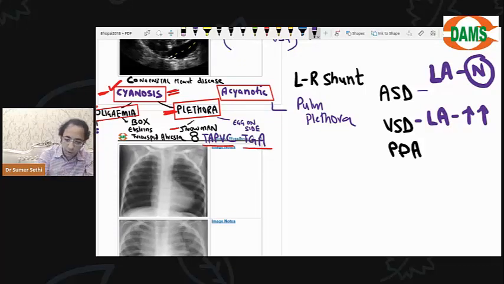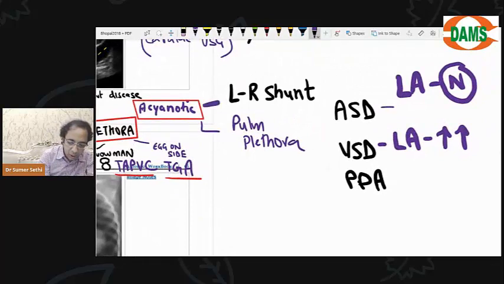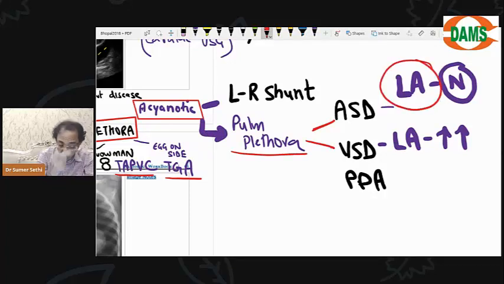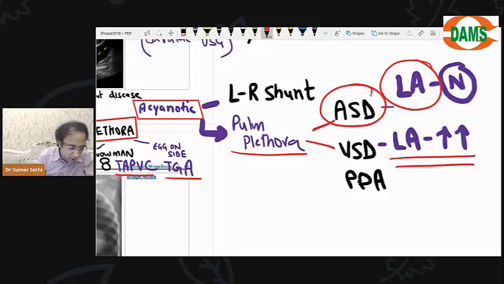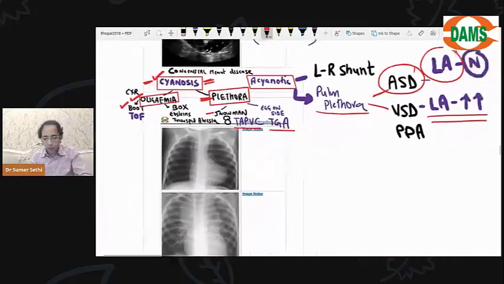Okay, so remember, if you have acyanotic heart disease, there is no cyanosis, but the lungs have increased vascularity. Think of things like ASD, VSD. Left atrium, if it is normal on echo, normal size, then we go for ASD. If it is enlarged, then we go for VSD. Okay, this is the background.